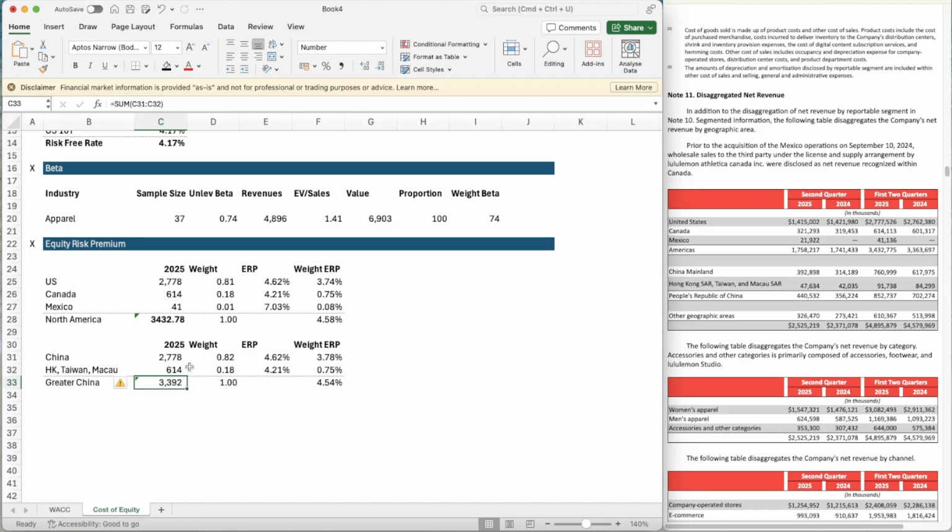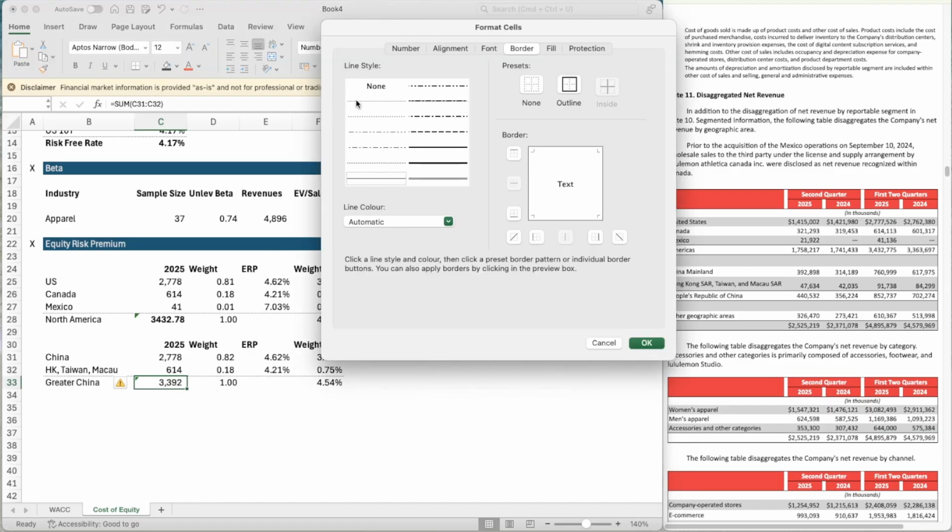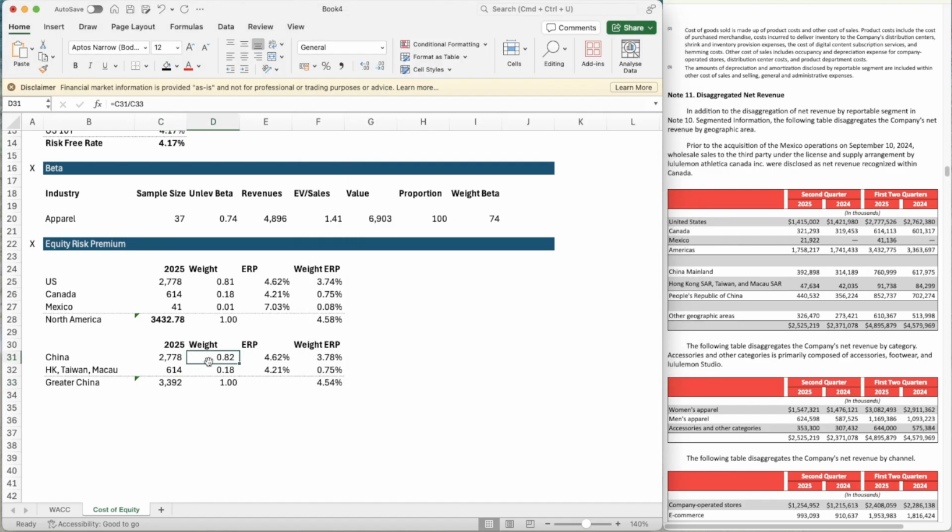Why is it doing that? 0.82. I lock that in, yeah, all good. So China, where's my spreadsheet gone again?